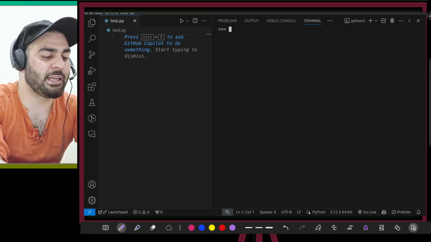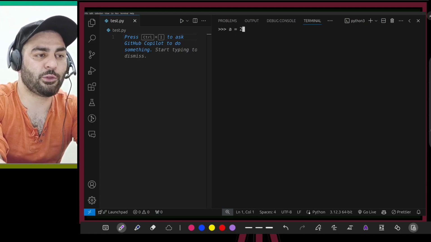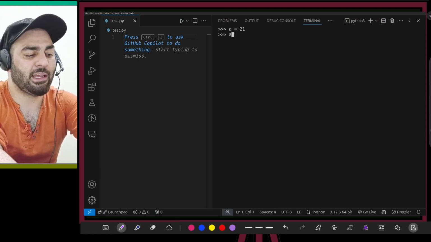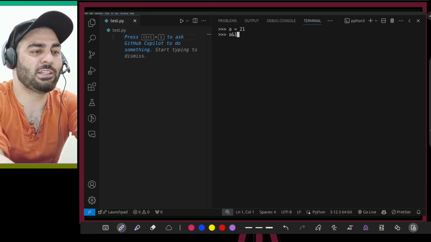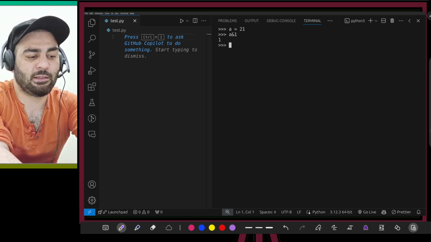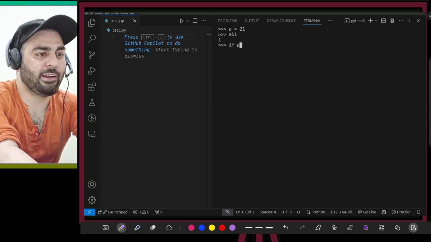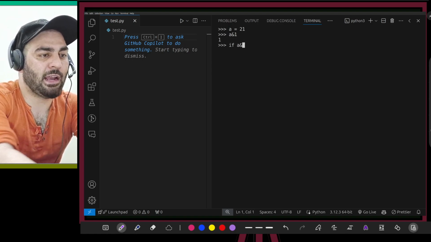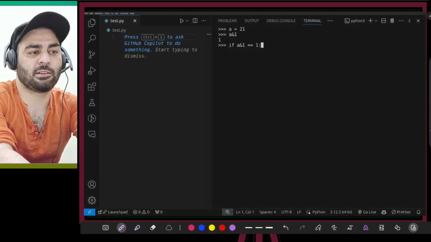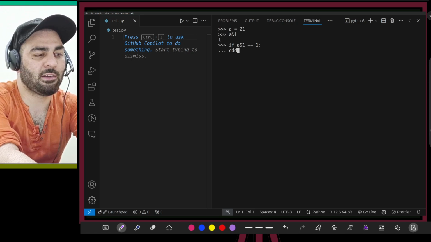We have a number, say a is equal to 21. Now I know that the last bit is set, so what I can write is a and 1. You will see that it gives me 1 as the answer. So if a and 1 is equal to 1, this is an odd number, so print odd.